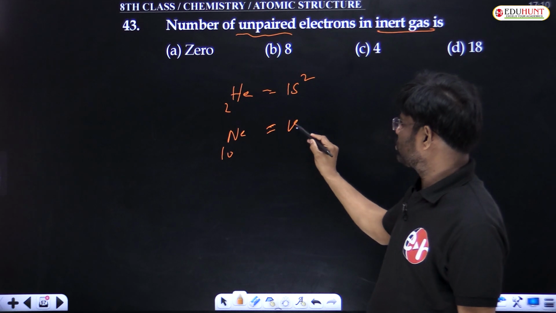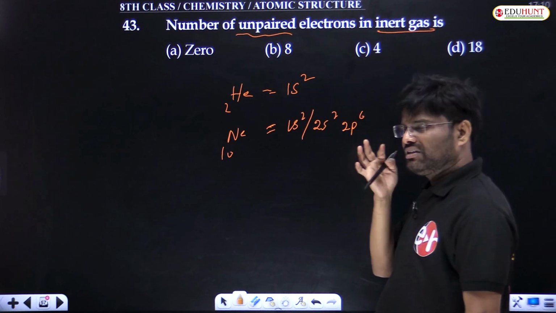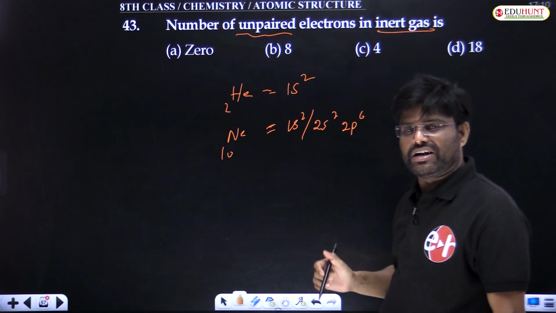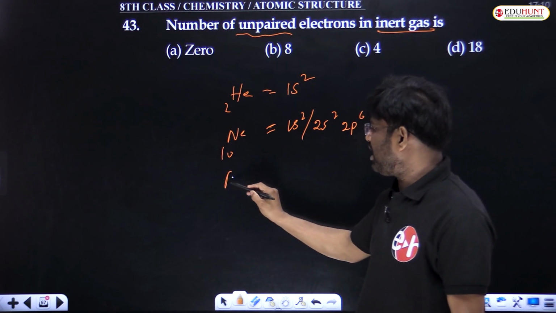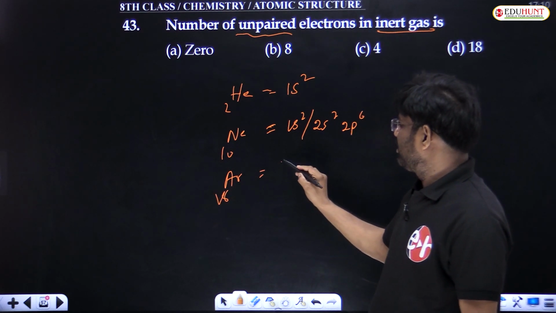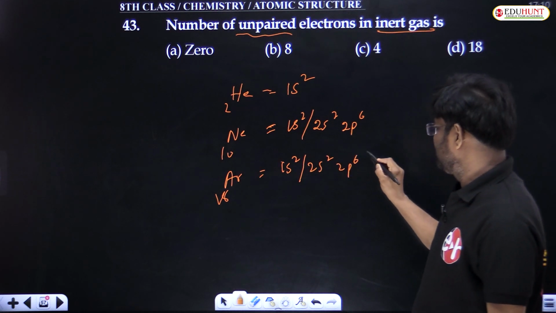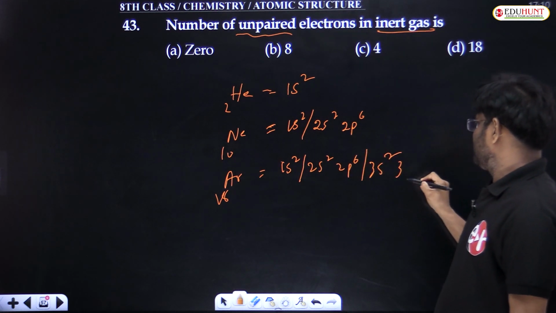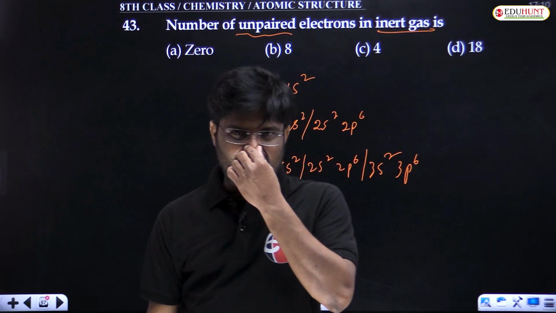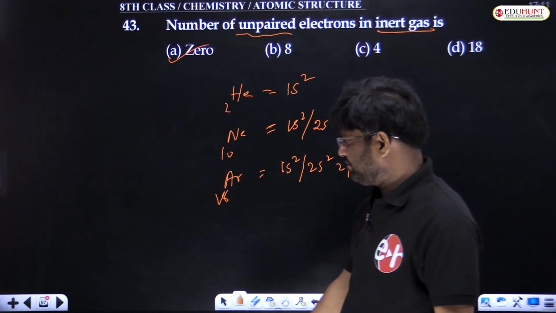Neon is 1s2 2s2 2p6, s electrons 2, p electrons 6, completely filled. Argon 18 is 1s2 2s2 2p6 3s2 3p6, all completely filled. So the answer is A. Question 43 answer is A.